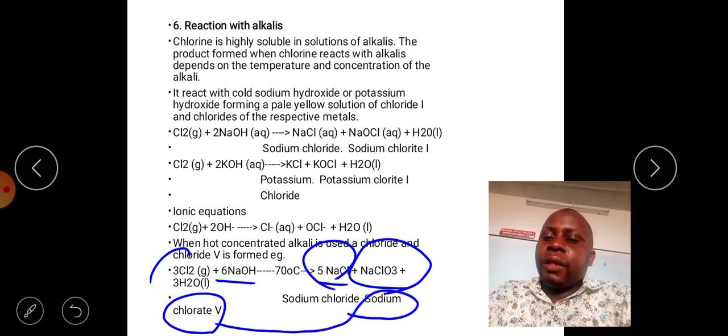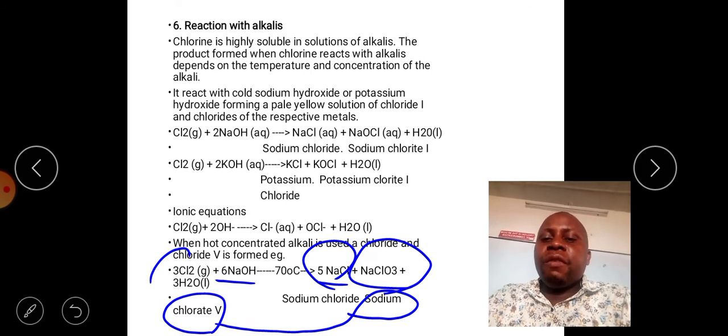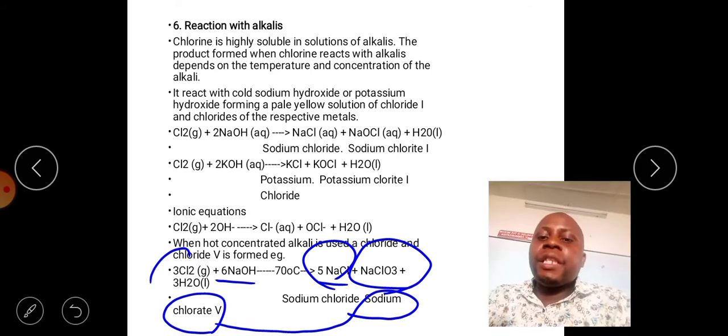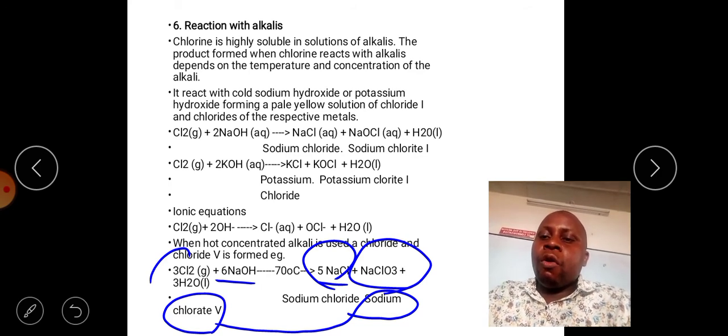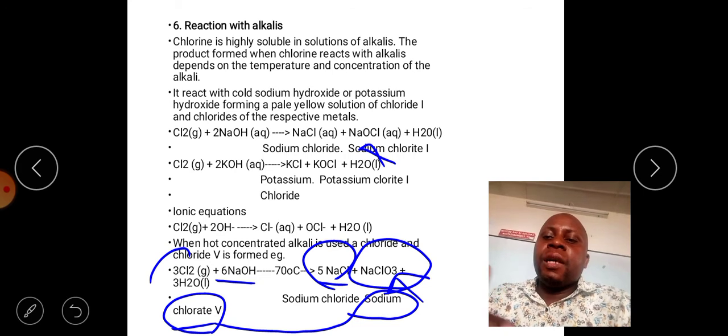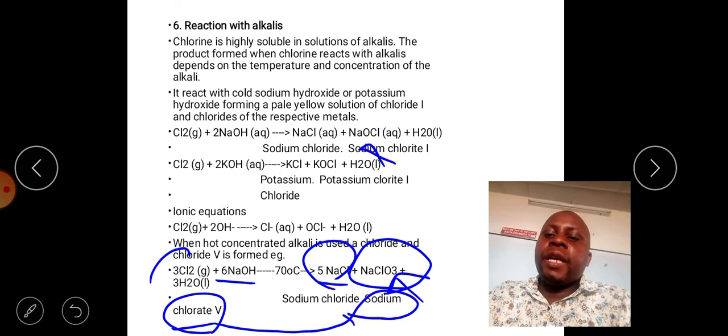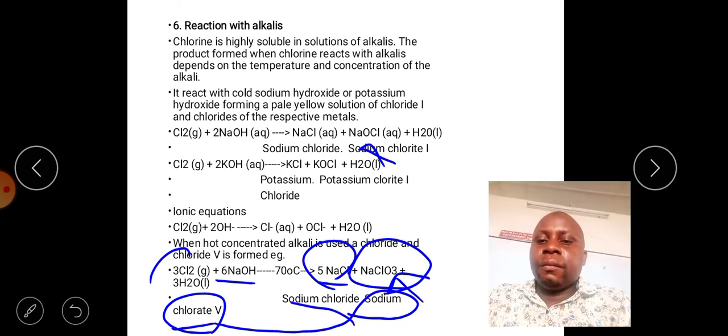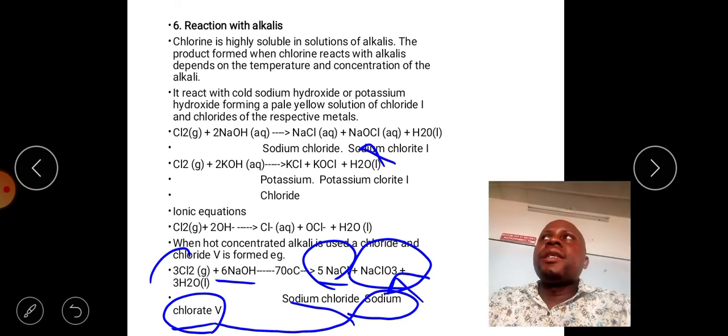So the difference between chlorite 1 and chlorate 5 is that chlorite 1 has got only one O, while chlorate 5 has got 3 O's. So at a higher temperature and when you use a higher concentration, you will form sodium chlorate 5 and sodium chloride. So that is how chlorine reacts with alkalis.